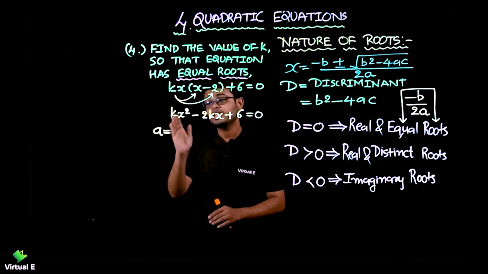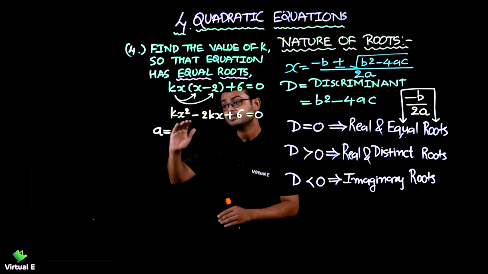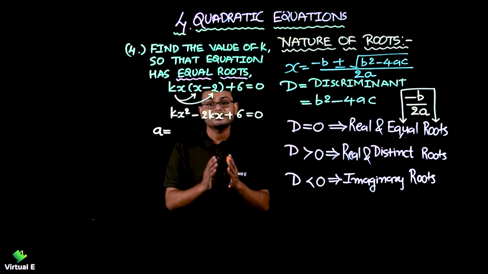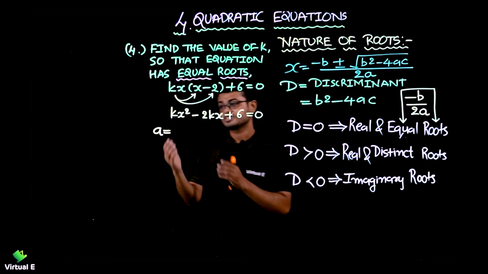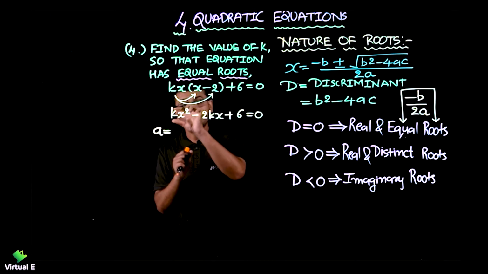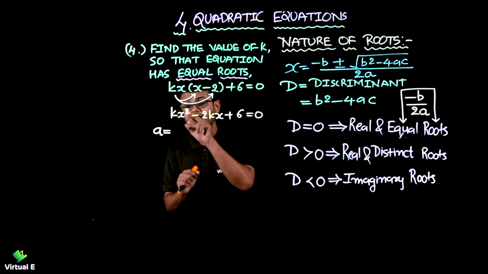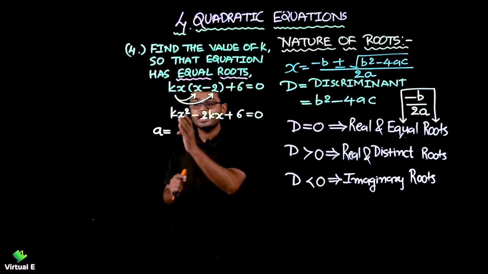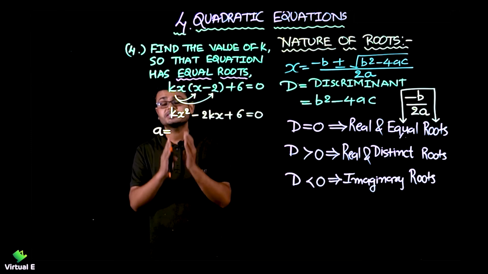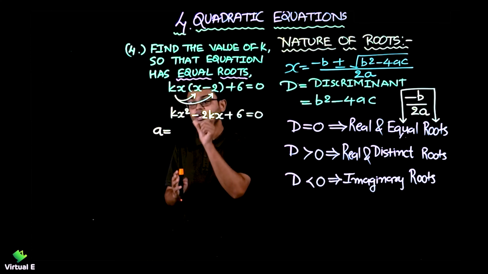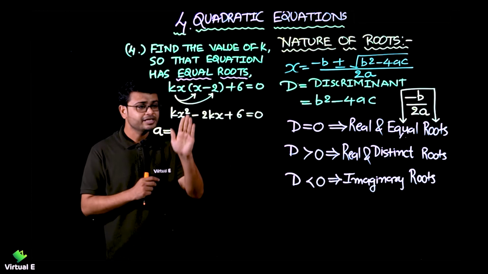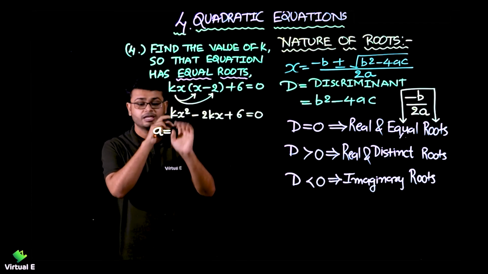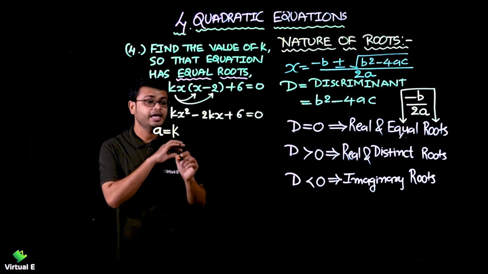So in this equation, any other alphabet other than x will be considered as a number, not the variable. The variable can be only one in the equation, which is x. Clear? So k is not the variable, but k is an unknown number. We are denoting it with the help of an alphabet. So let's hide the variable. What's left? Only k. So that is my value of a.